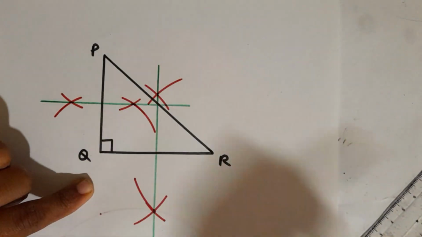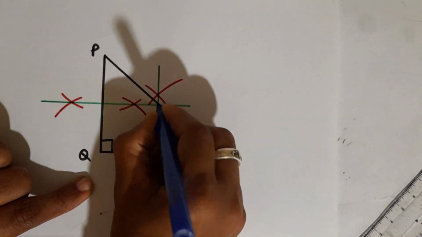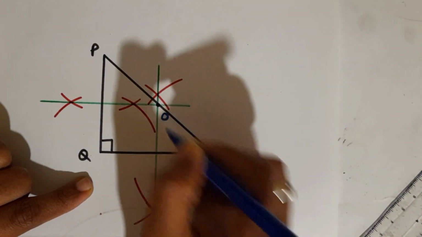Now the intersecting point of the two perpendicular bisectors is the center of the circumcircle. We can mark it as O here.